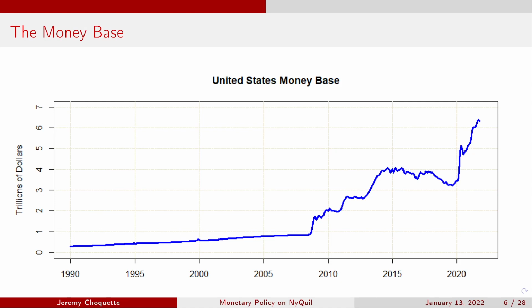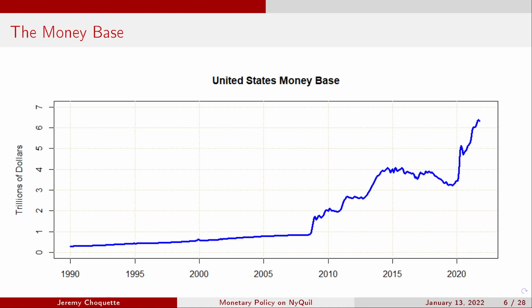That was after the financial crisis of 2007 and 2008. There was some rather radical, unconventional monetary policy used by the Federal Reserve. There were 3 rounds used in response to the financial crisis. And then the last 4th hump that you see here is what the Federal Reserve did in response to the pandemic of 2020.